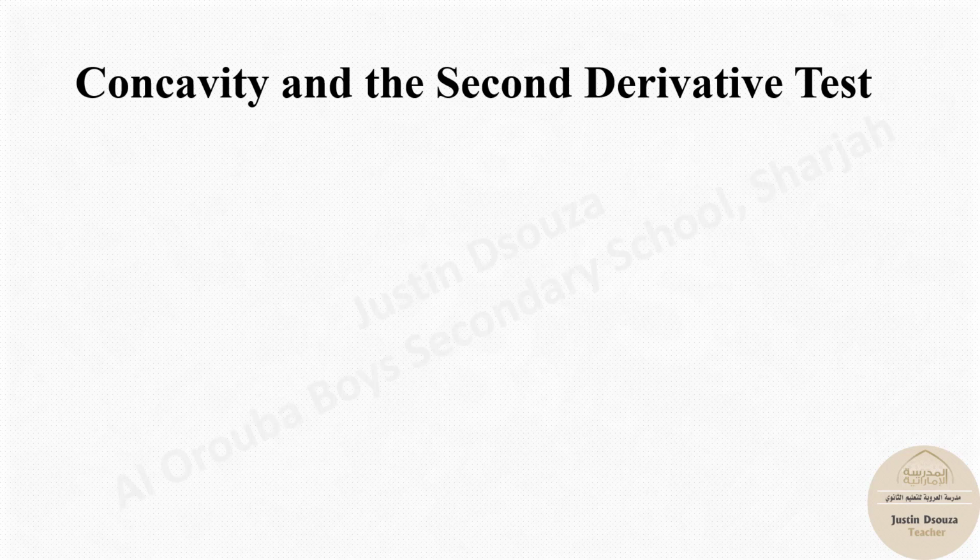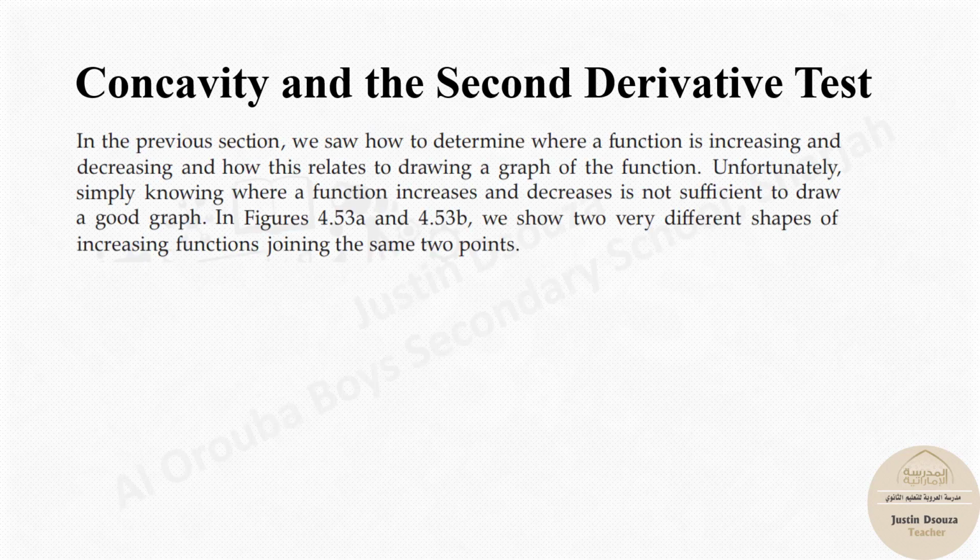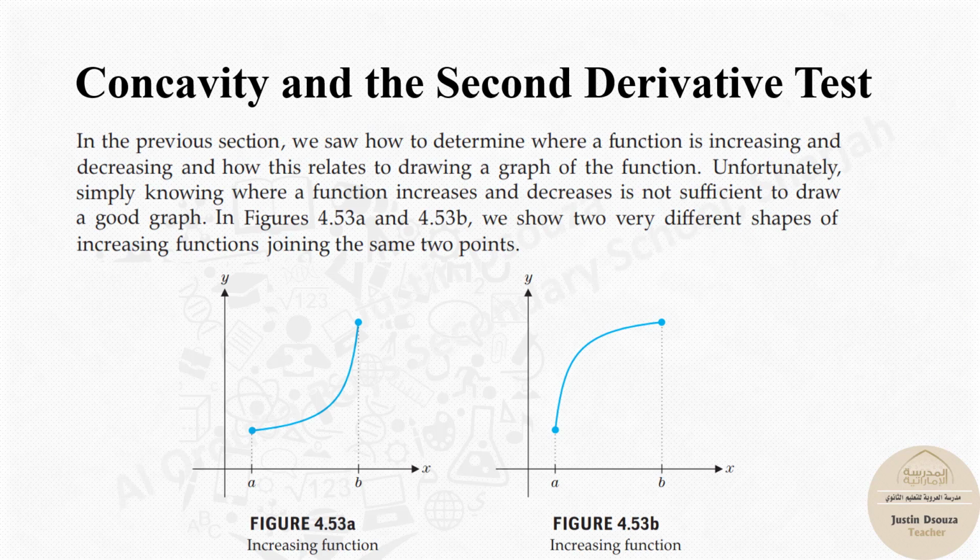The concavity and the second derivative test. Here, you can see this first graph is of an increasing function, and this one is also an increasing function. But can you see there's a difference? From the derivatives, when we graph, we can easily find the increasing and decreasing functions, maximum and minimum values and everything.